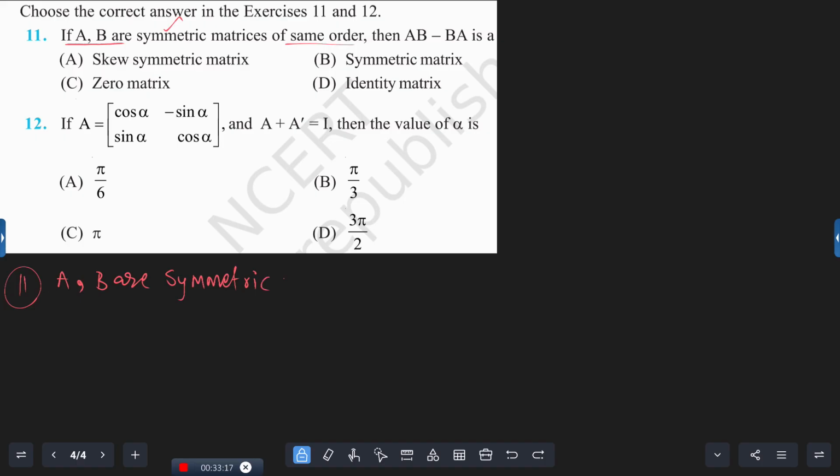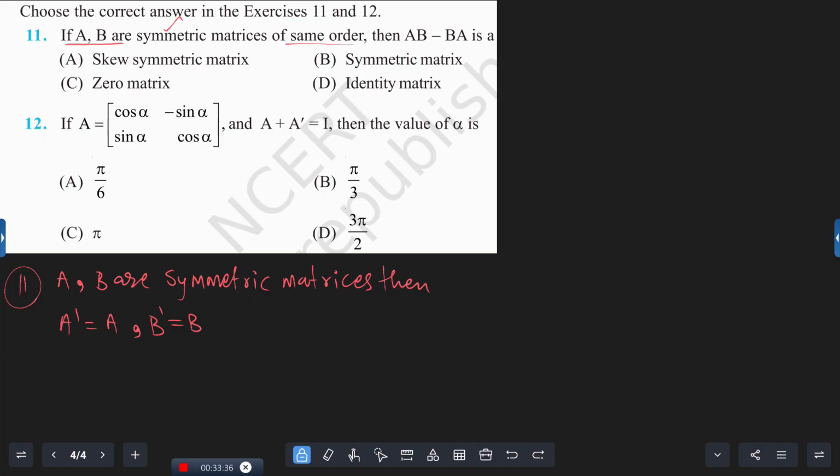What is meant by symmetric matrices? Then A transpose, if you take, you will be getting A. Even B transpose, if you take, you are getting B. That is the meaning of both being symmetric matrices.